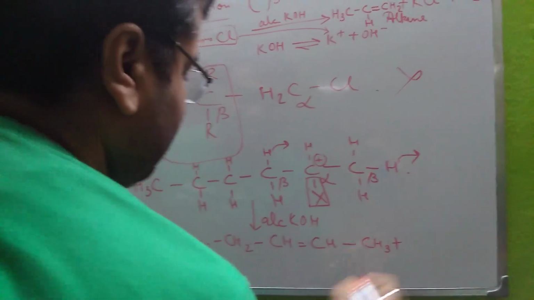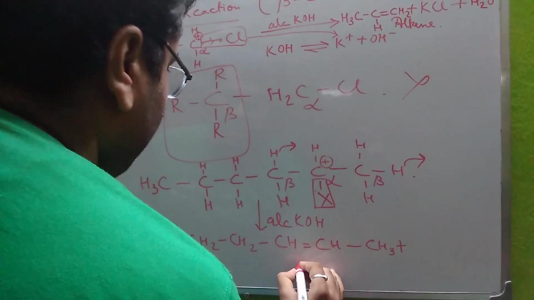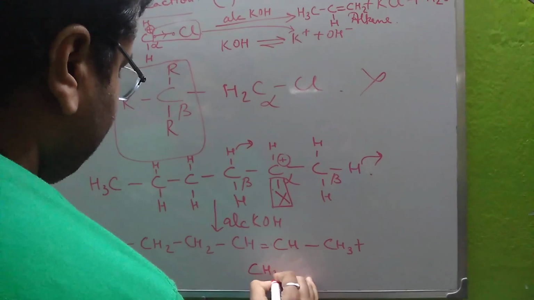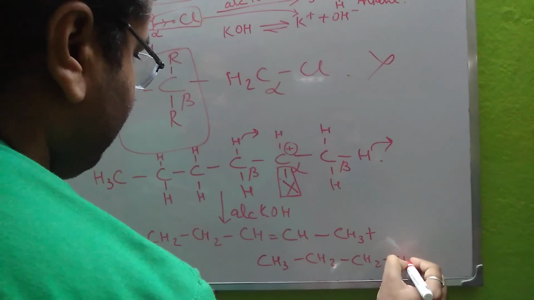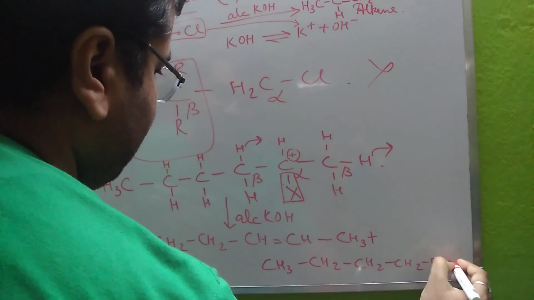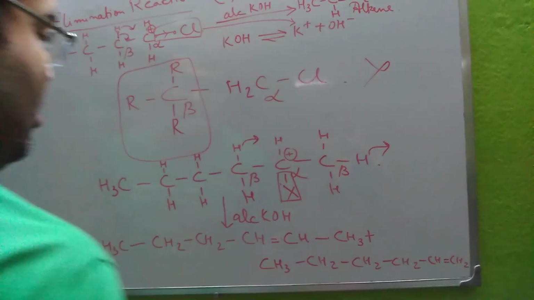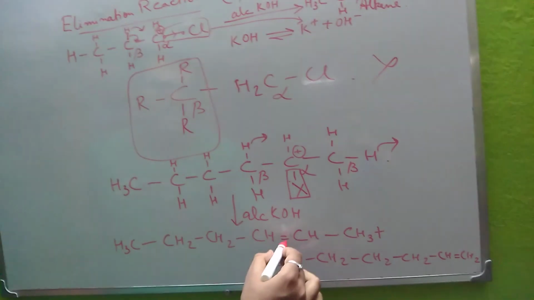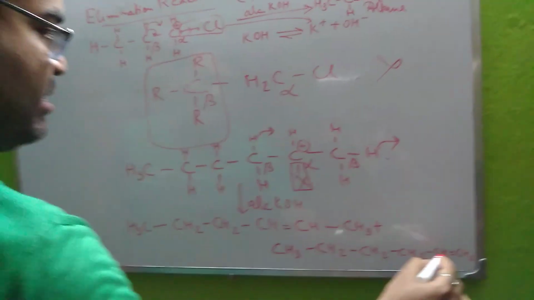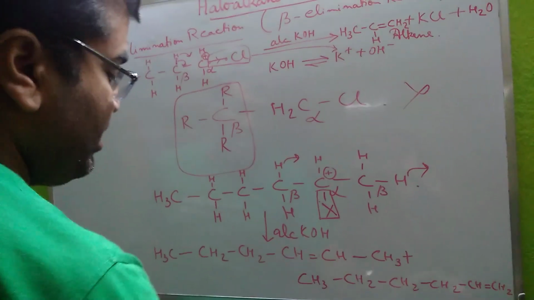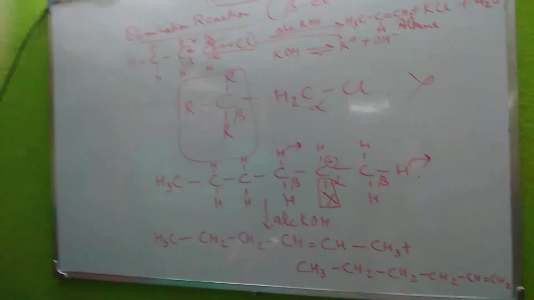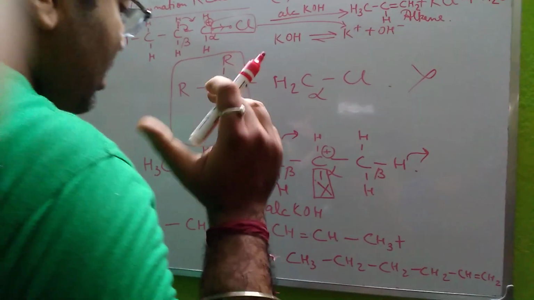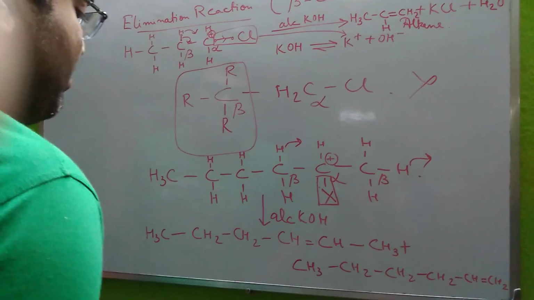Another one will be CH3, CH2, CH2, CH2, CH, double bond, CH2. So look over here very carefully. The double bond has formed once over here, and another time over here. The question is, both are correct according to the beta elimination rule, but which one will be the major compound and which one the minor compound?